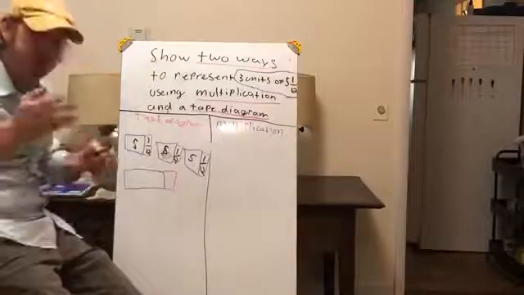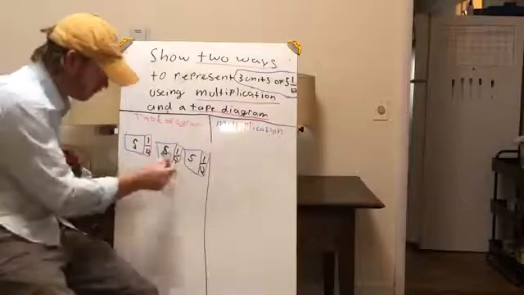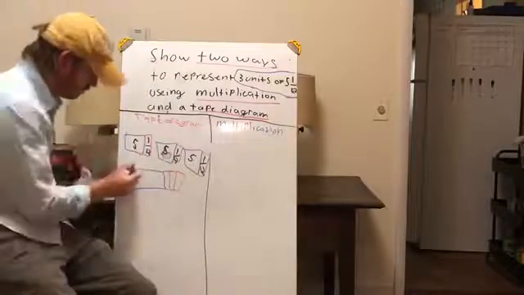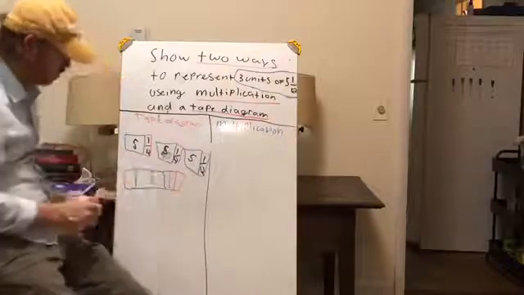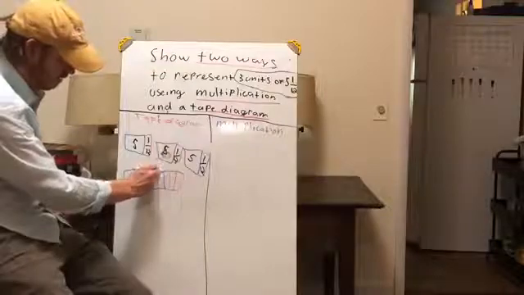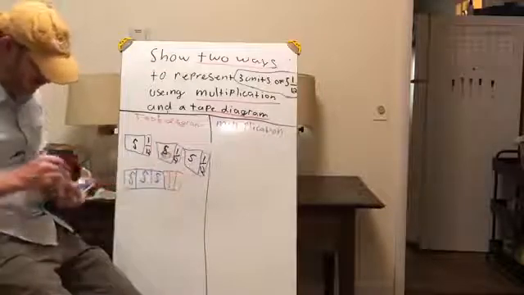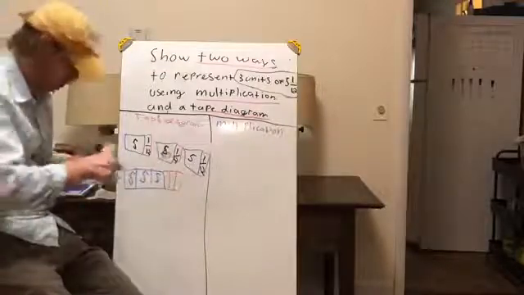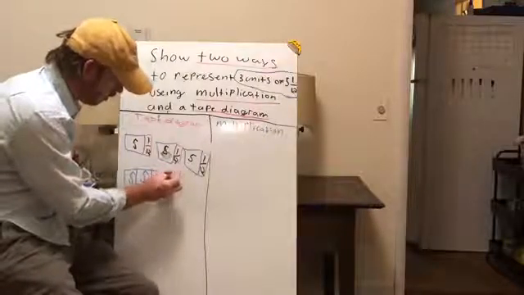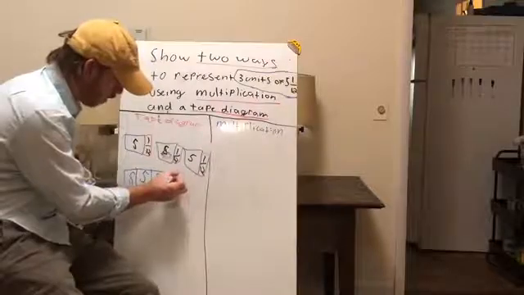So the second way that we could do it would be like this. 5, 5, 5, and then 1/12, 1/12, 1/12.